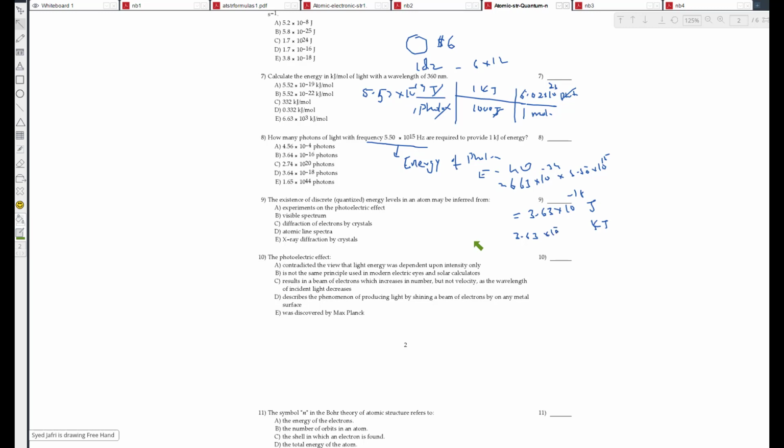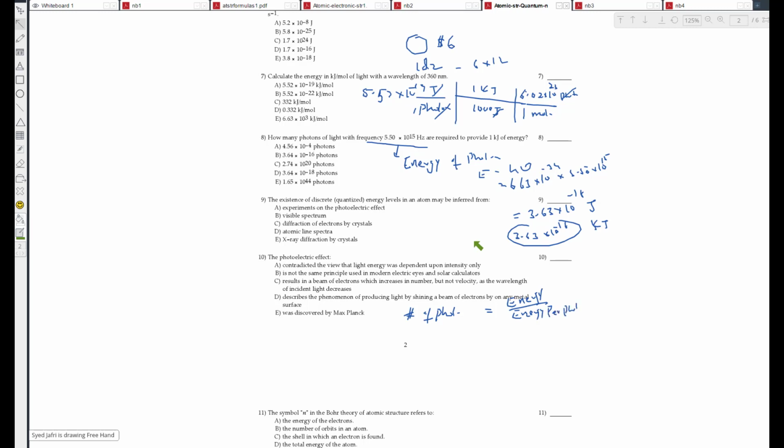Yeah, I wasn't sure what to do at this part. Okay. Now you are asking for the number of photons. So for the number of photons, look at the total energy they are giving you, 1 kilojoule, and divide it by the energy per photon.